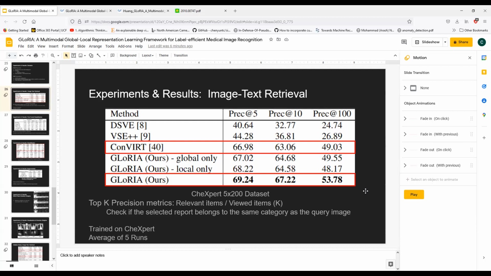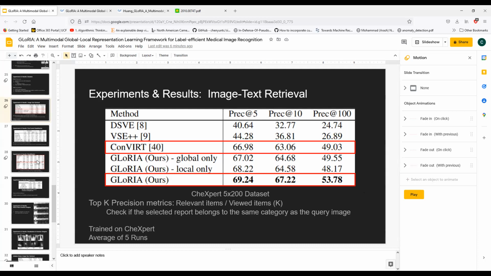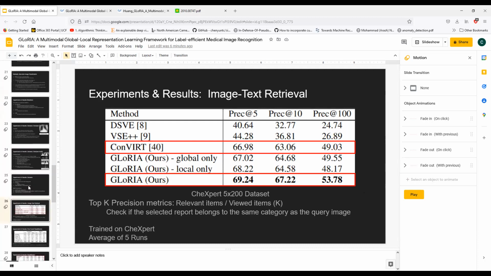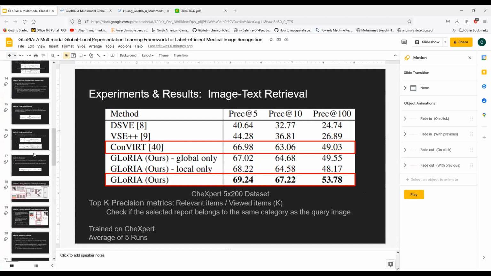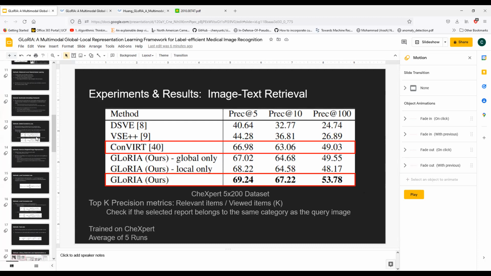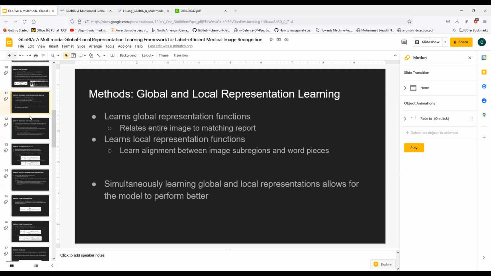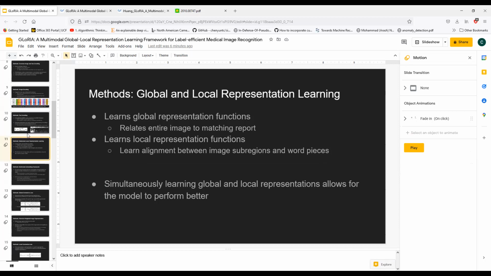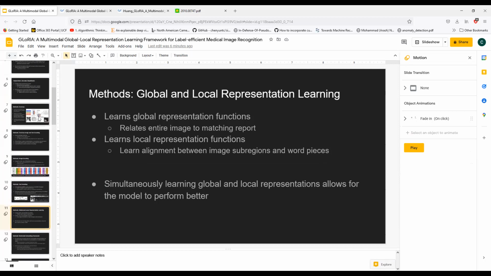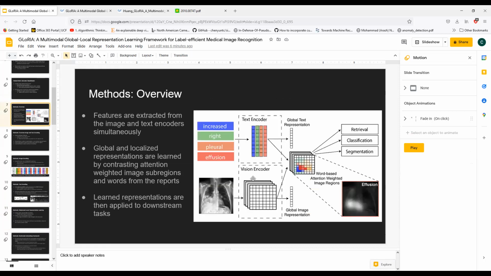I have one. I was wondering if you could quickly explain again the difference between local and global representations, just so that I'm clear on what the difference actually is. So the global representation of the image is going to be the entire image, and the global representation of the text is going to be the entire sentence.